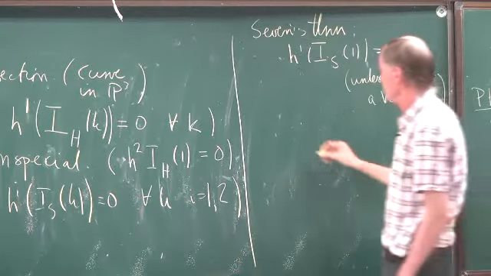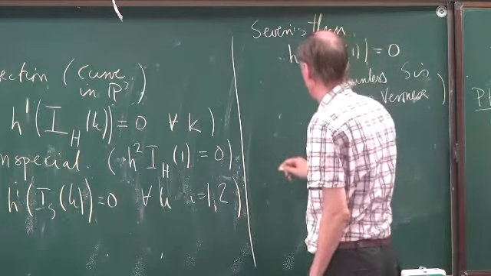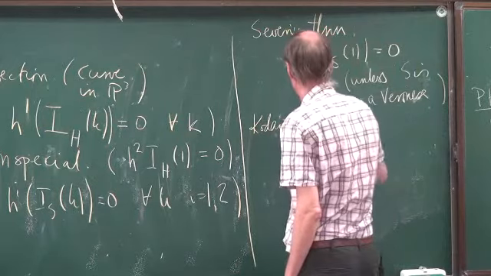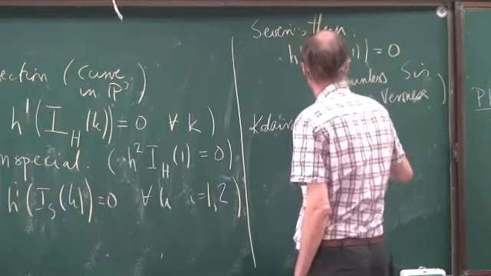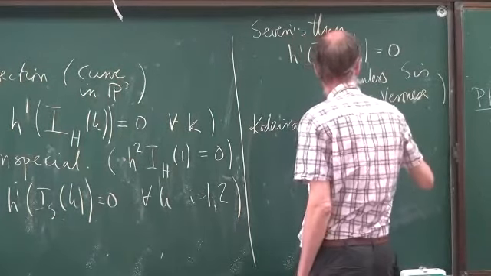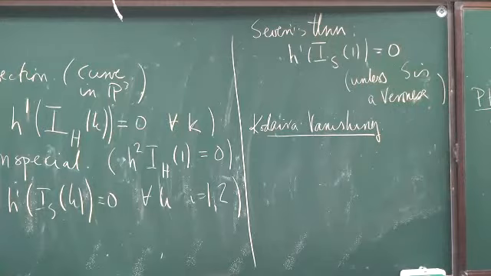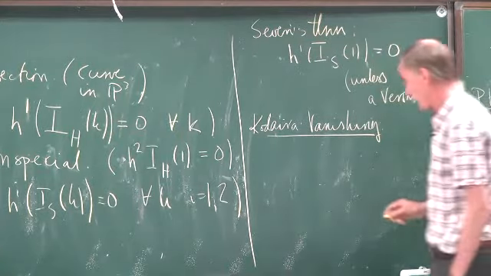The other thing I need is Kodaira vanishing, which is more seriously in a way. And what's that?